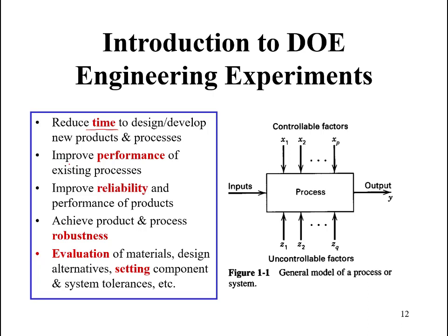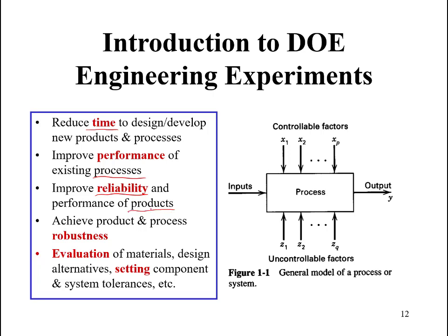Also, design of experiment can improve the performance of existing processes. About it, we will have an example in future sessions. Moreover, because we follow a scientific procedure that is already approved by different researchers, we can say that by design of experiment, we can improve the reliability and performance of our products.